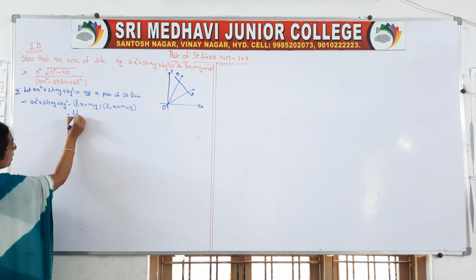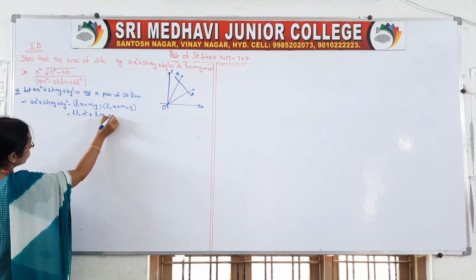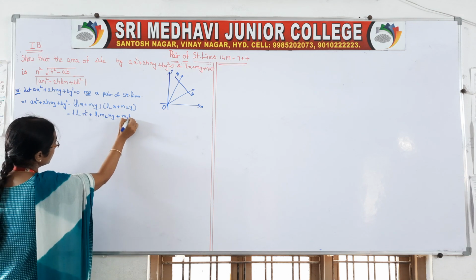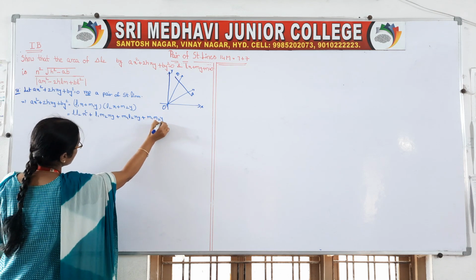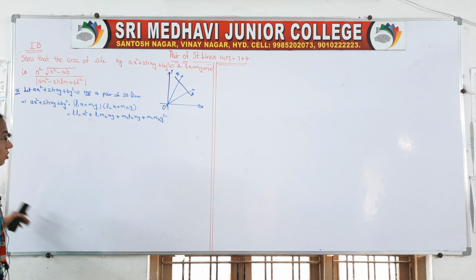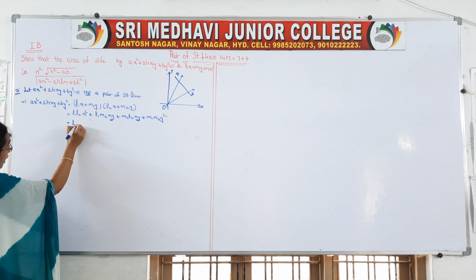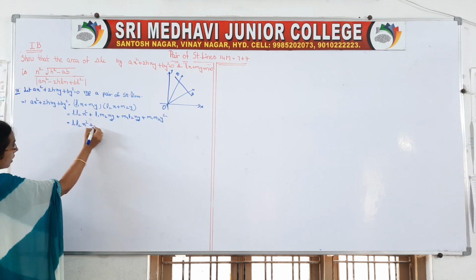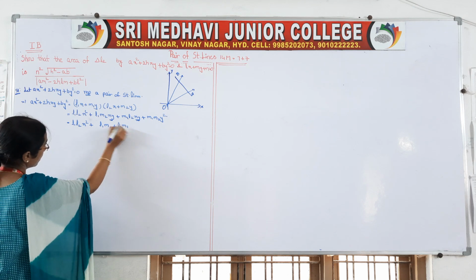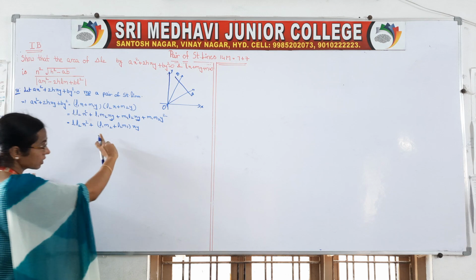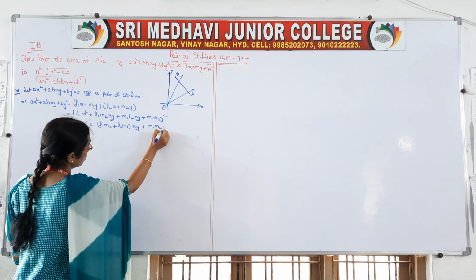So it is l1 l2 x square, next l1 m2 xy plus m1 l2 xy plus m1 m2 y square. Here two xy terms are there, take xy common: l1 l2 x square plus l1 m2 plus l2 m1 into xy plus m1 m2 y square.